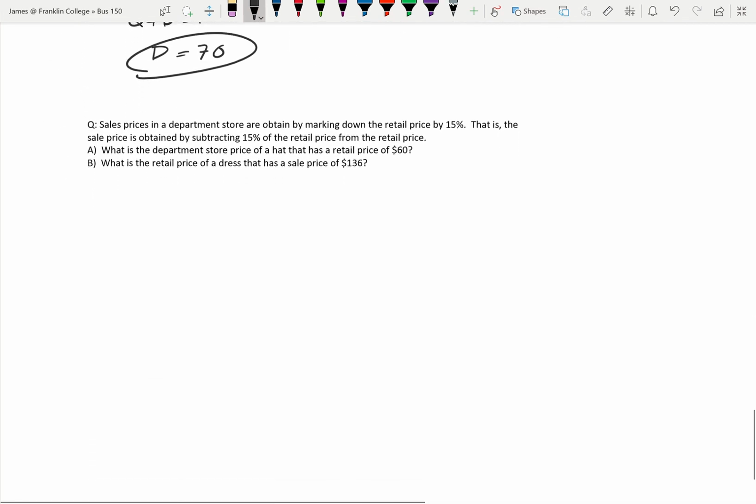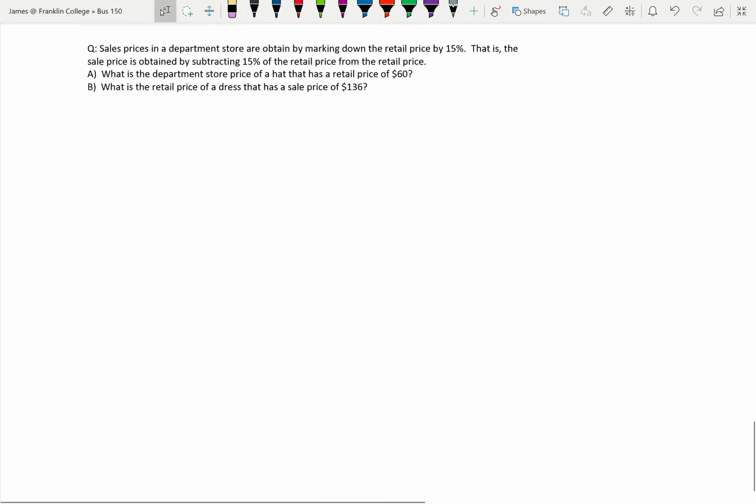Alright, let's look at another type of word problem. So the sale prices in department stores are obtained by marking down the retail price by 15%. That is, the sale price is obtained by subtracting 15% of the retail price from the retail price. So that means that the department store sale price is equal to the retail store price minus 0.15 of the retail price.